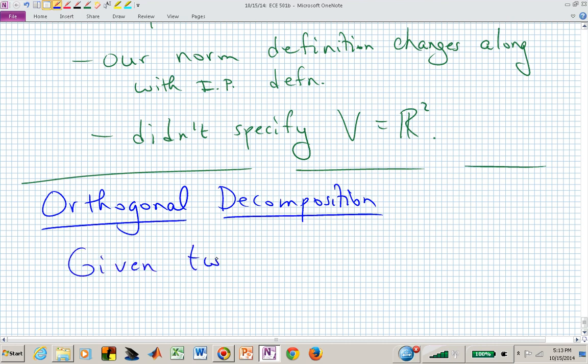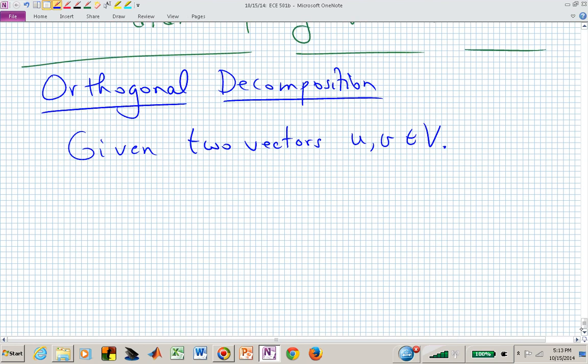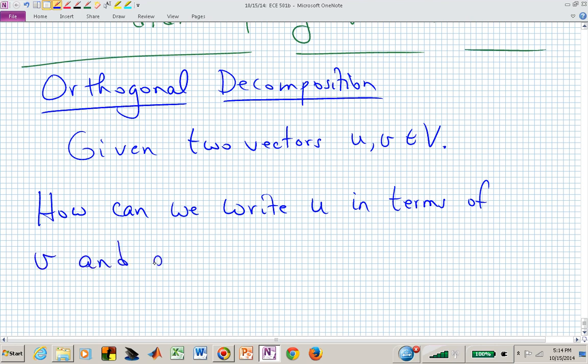If we're given two vectors, let's say u and v in our vector space V, we want to see if it's possible, how can we write u in terms of v and a vector perpendicular or orthogonal to v.